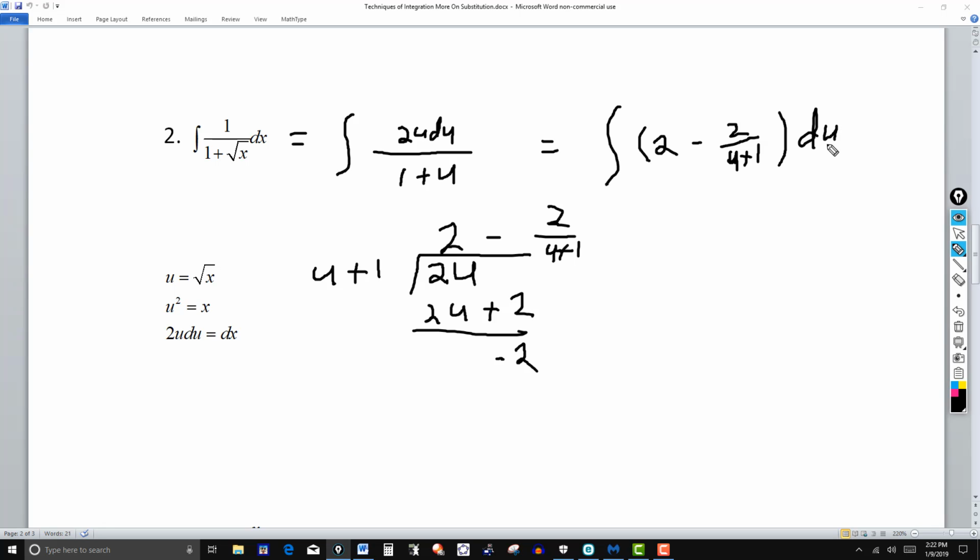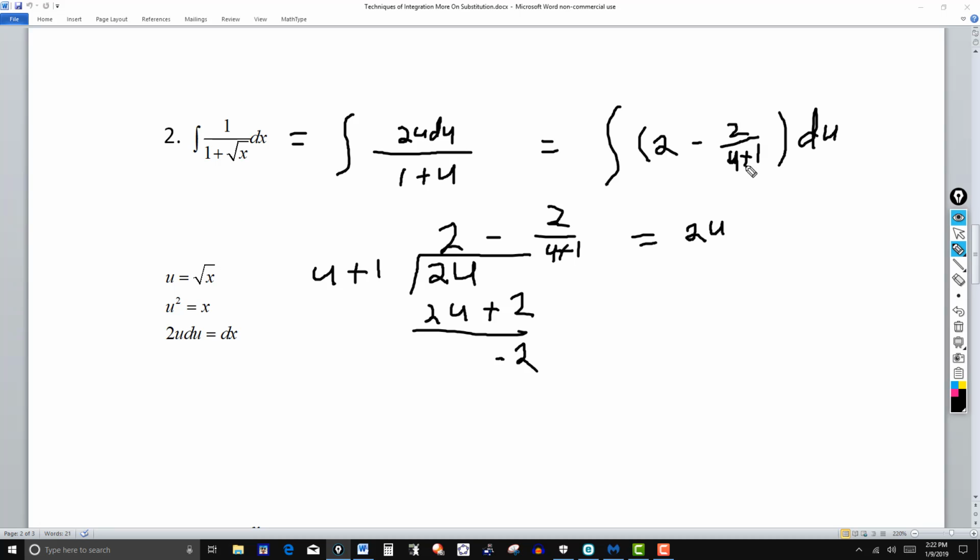And now we just really integrate. You can break it up into two integrals, or you can just do it like that. This means the antiderivative of 2, or the integral of 2 with respect to u. Okay, so that's just 2u. And it's just in the form of 1 over u. The minus 2 is a constant. That doesn't matter. We have a formula for that.